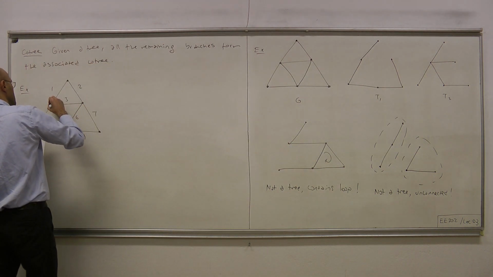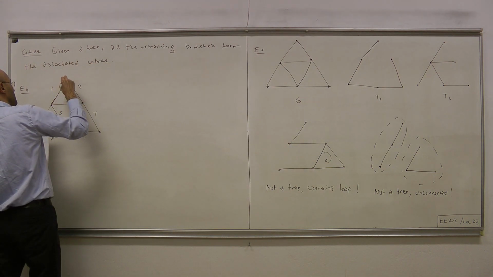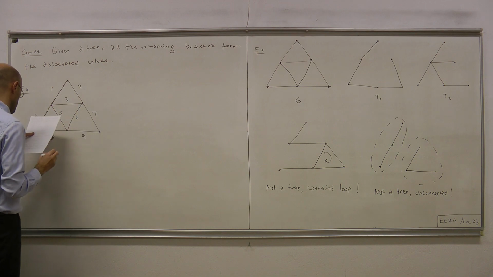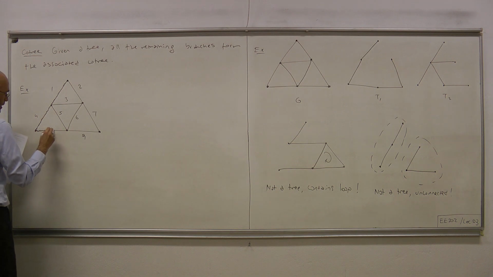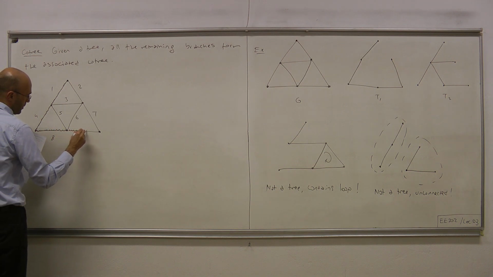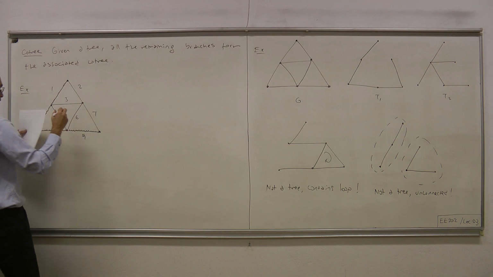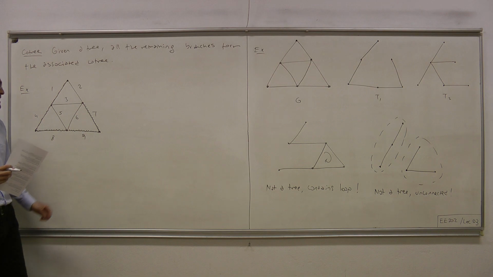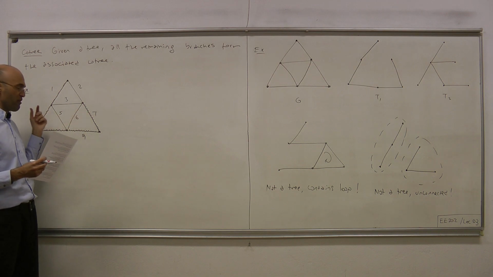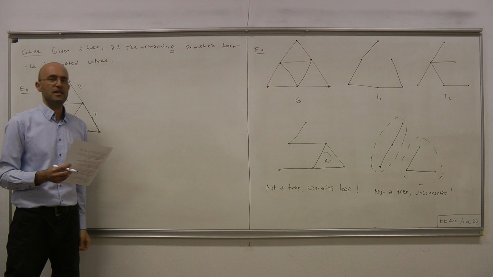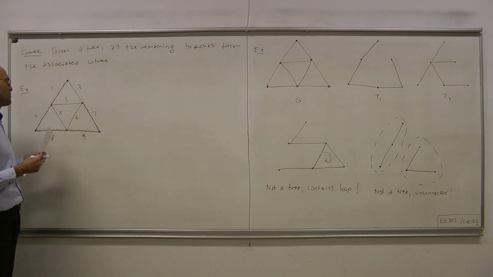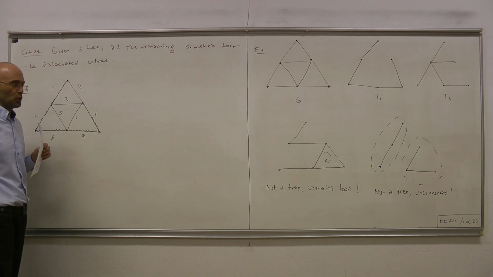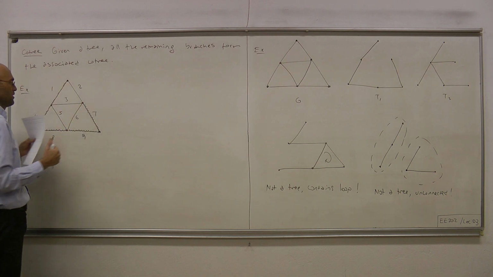So that means this branch belongs to our tree, this branch number 4 belongs to our tree, and so on. And finally, branch number 7. Okay. So these thick branches indicate tree branches, and the remaining branches are branches of the so-called Cotree associated to this tree.